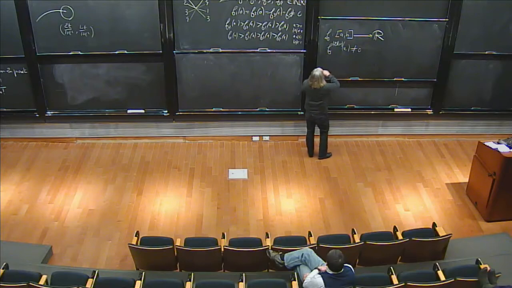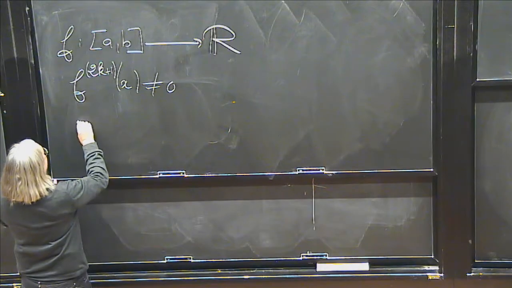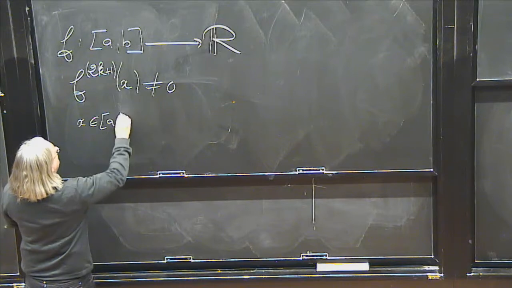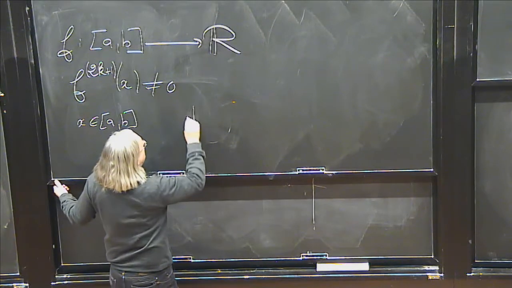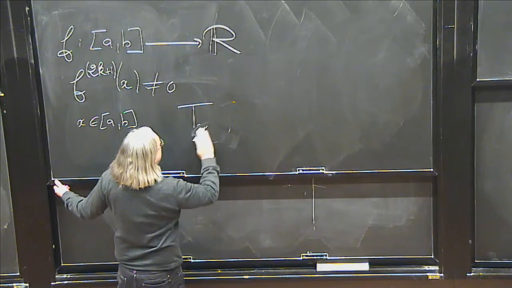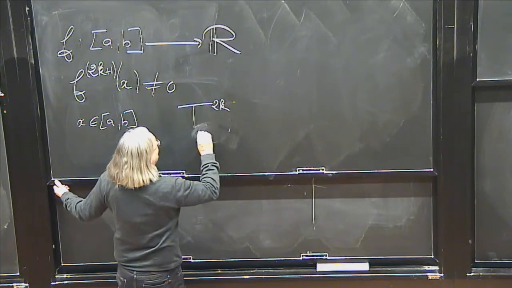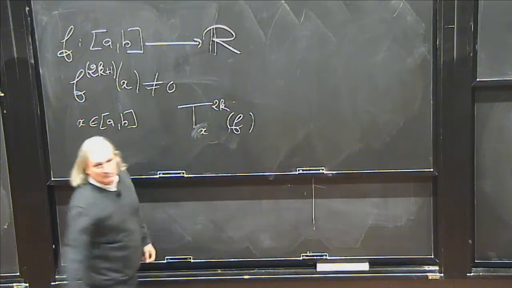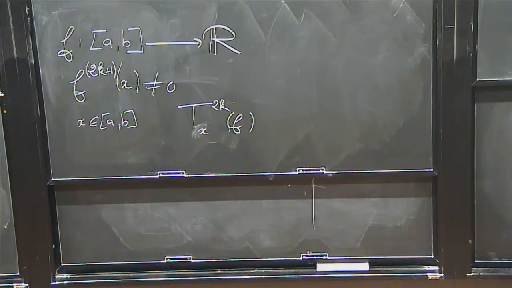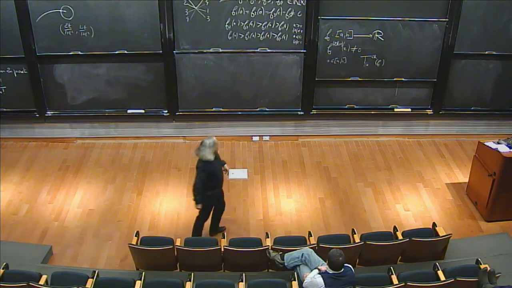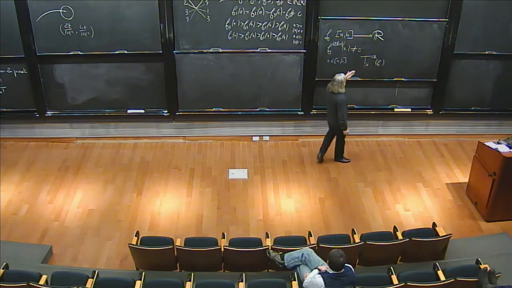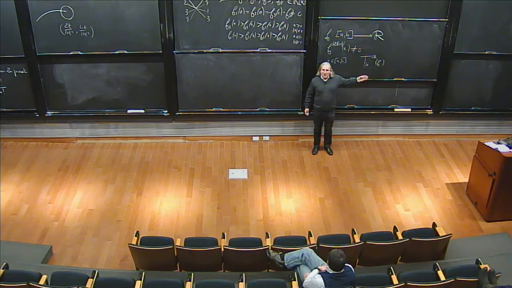You consider the graphs, for each point x in AB, you look at the Taylor polynomial of degree 2k at x of f. So it's the Taylor expansion to the order 2k of f at the point x. So it's a polynomial of degree 2k depending on x. And the theorem is that the graphs of these polynomials are disjoint.